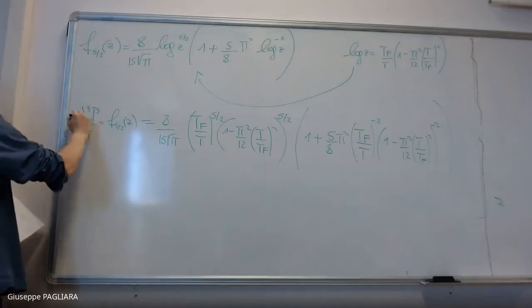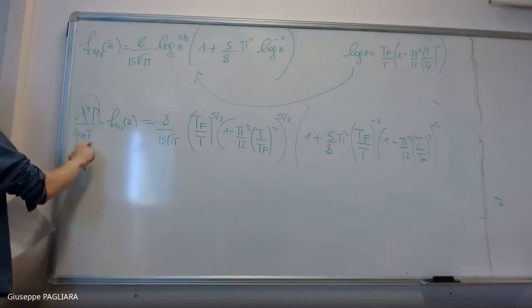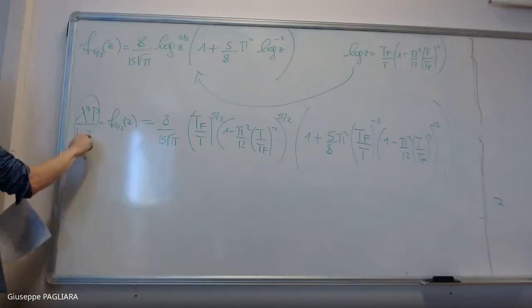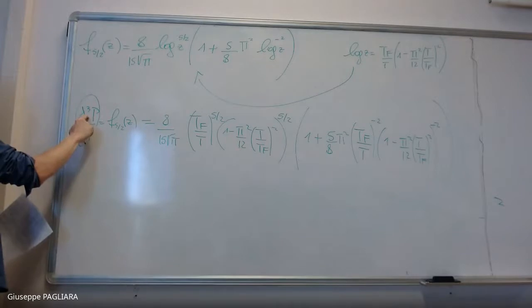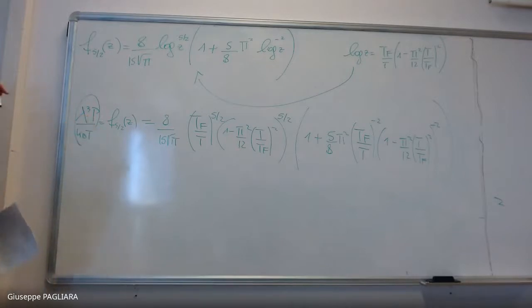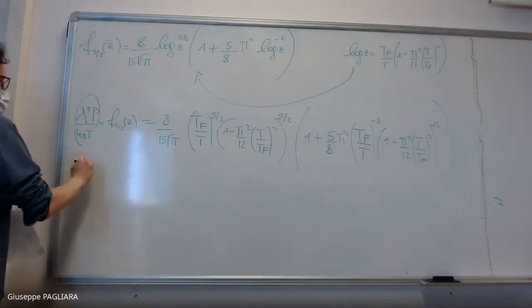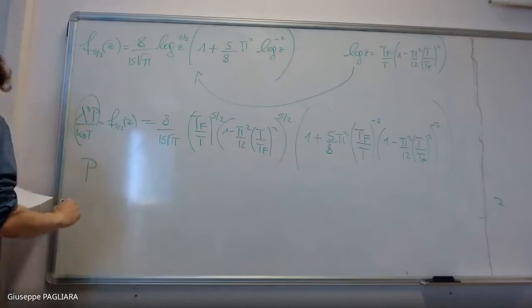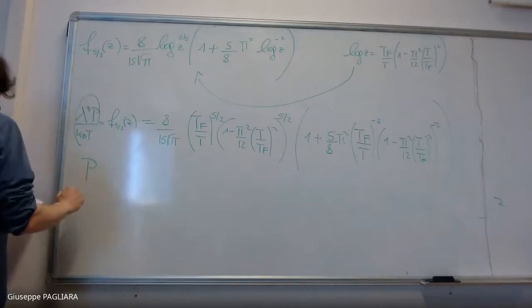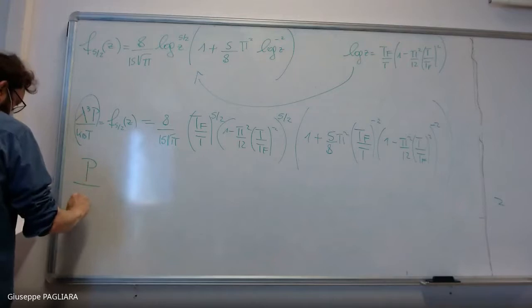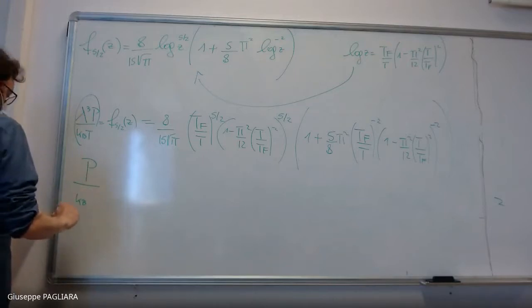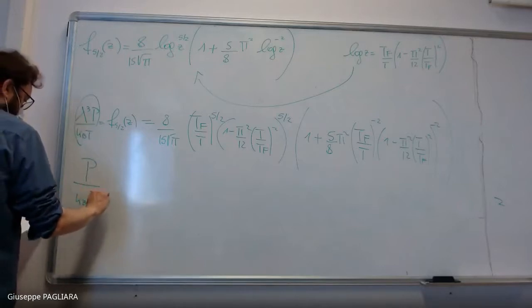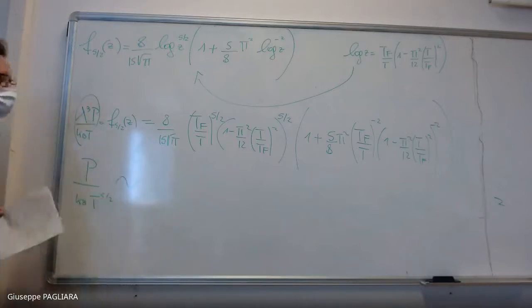Now, let's consider the following facts. Here you have P divided by k_B, and here you have lambda cubed, which is T to the minus 3 half. Therefore here you have something like P divided by k_B T to the power of 5 half, proportional.